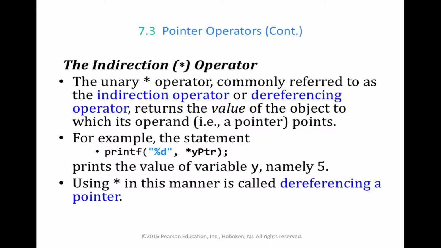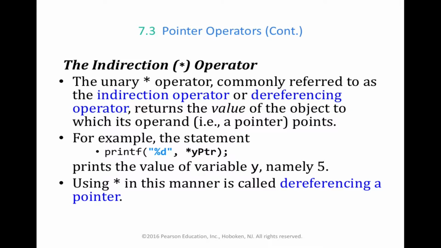So we have this indirection operator. It is the asterisk. It is a unary operator, which is called the indirection operator, or you may hear it referred to as the dereferencing operator. The dereferencing operator is designed to get us the value of the object which the operand, the pointer, is pointing to. So if we have a pointer and we want to print out the value that that pointer points to, we need to use the dereference operator to dereference that pointer.